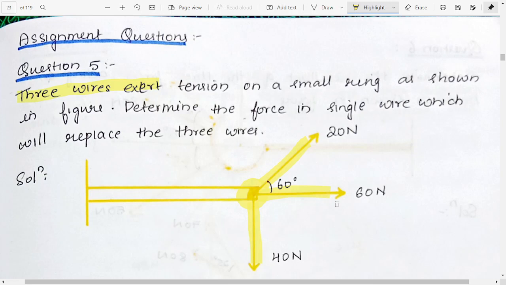So in this case also we can arrange this into 2 directions. One is like this. We'll just draw the coordinate axis. Then here we have 60°.